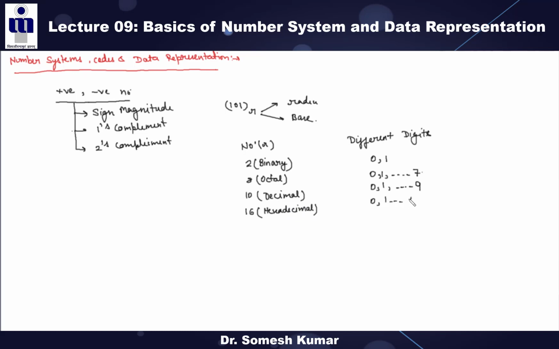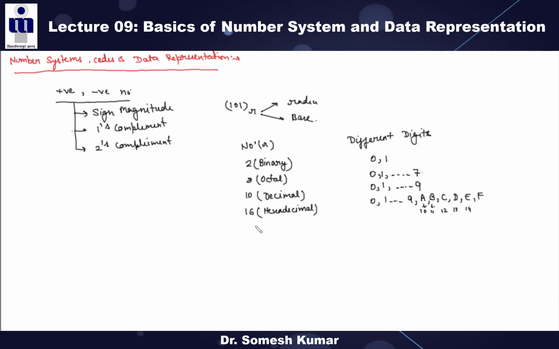0 to 9, and after 9 it is A. 10 is represented by A in the hexadecimal, then B, C, D, E, F, right? Here 10 is represented by A, 11 by B, 12 by C, 13 by D, 14 by E and 15 by F. This is your hexadecimal representation, right?